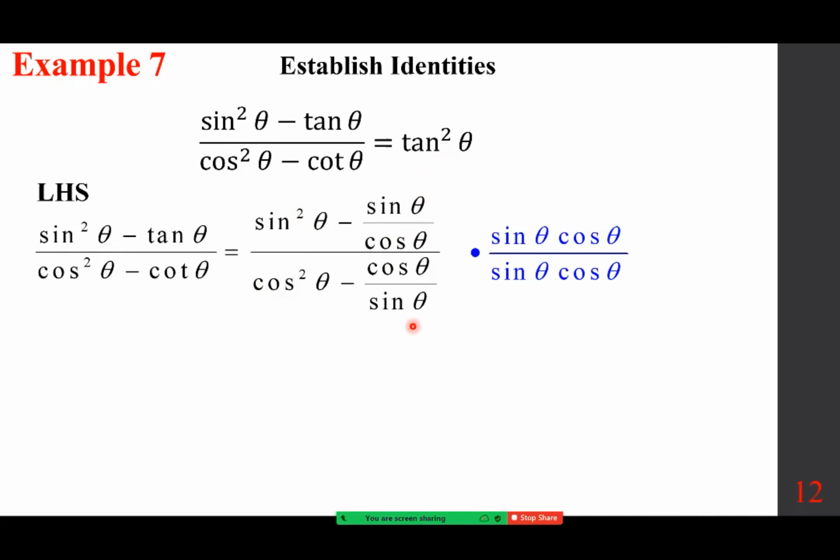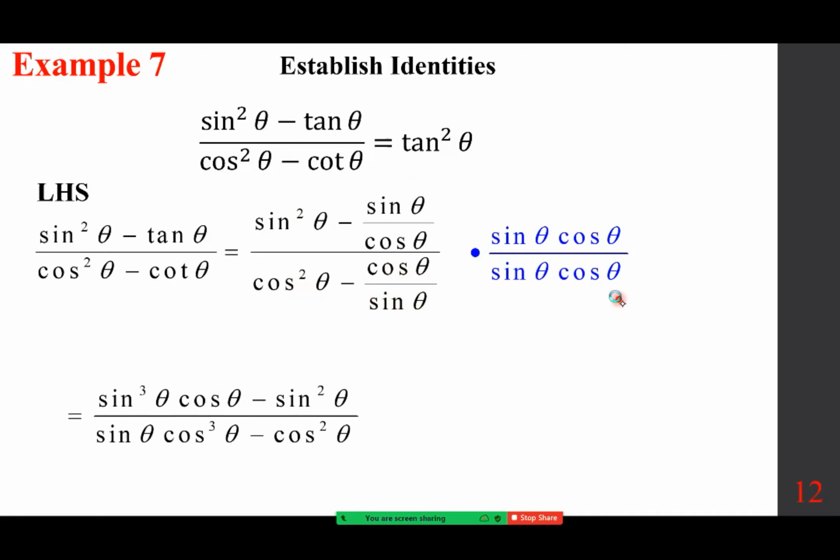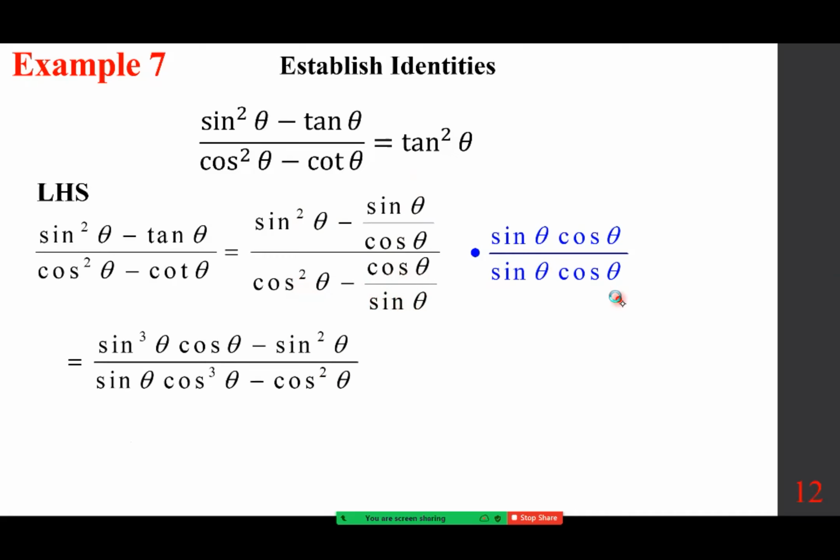When we multiply these two, we get sine theta cosine cubed minus, when we multiply these two, sine goes away, minus cosine squared theta. I hope everybody is comfortable with multiplication, simplifying complex fractions, understanding LCD.